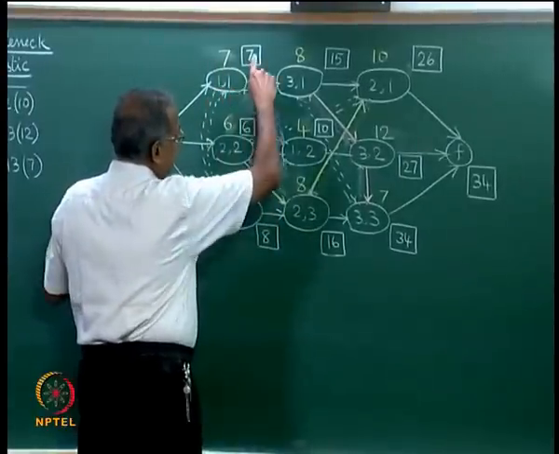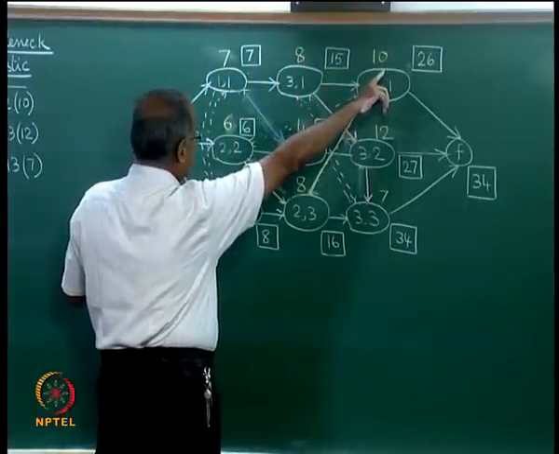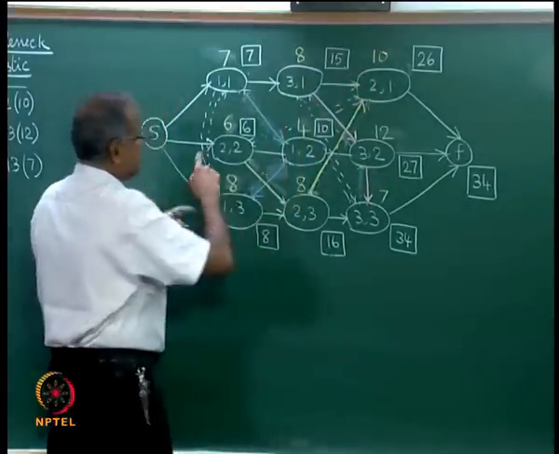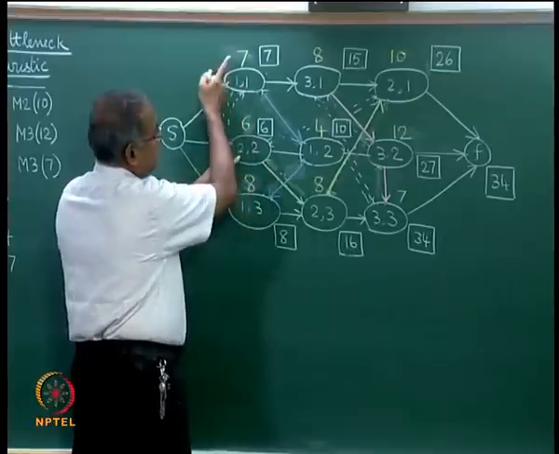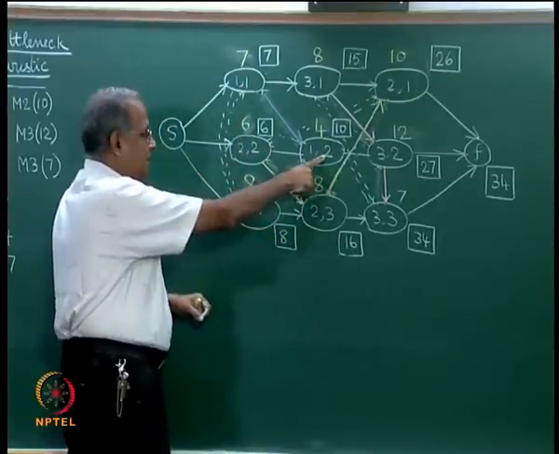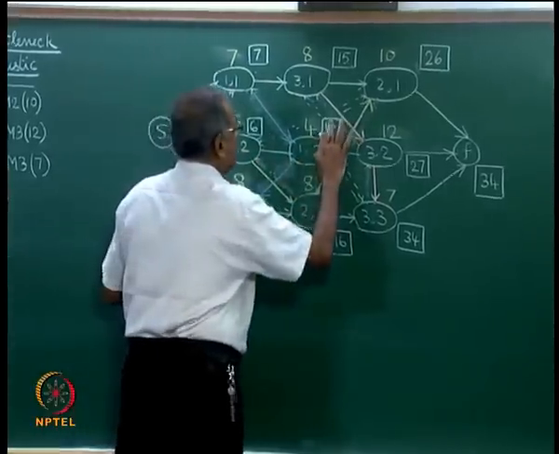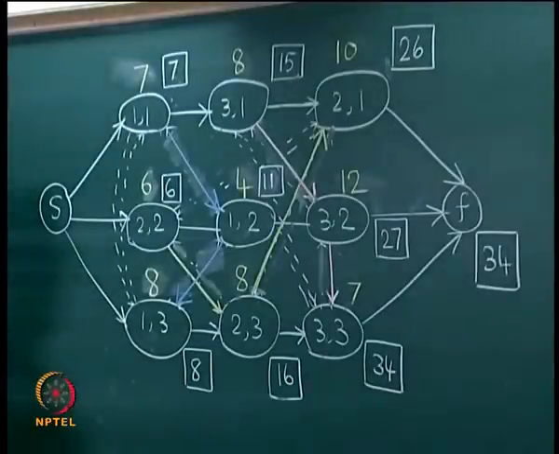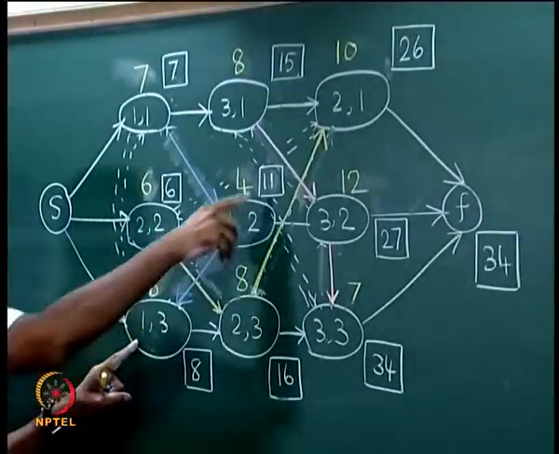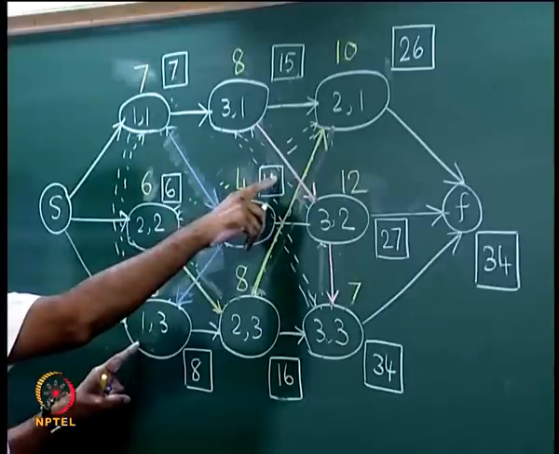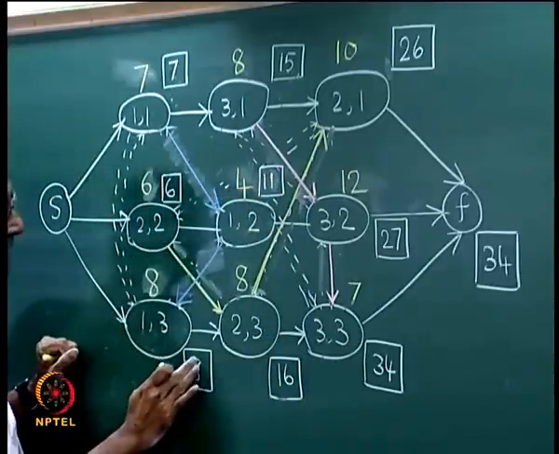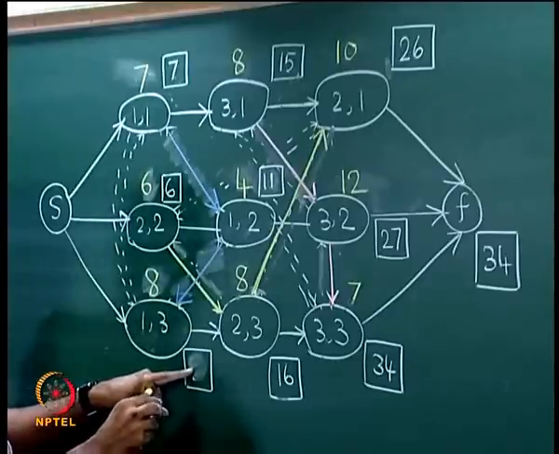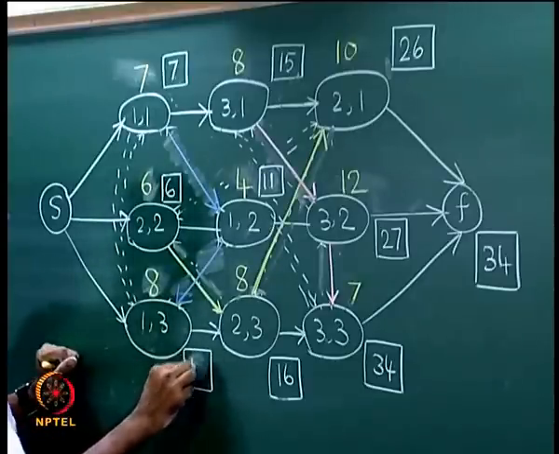Now, we do the computation of the node labels. So, we have 7 plus 8, 15, and this one will become 8 plus 8, 16, plus 10, 26. Now, this will become 7 plus 4, 11, instead of 6 plus 4, 10. Now, this node will become 11 plus 8, 19.